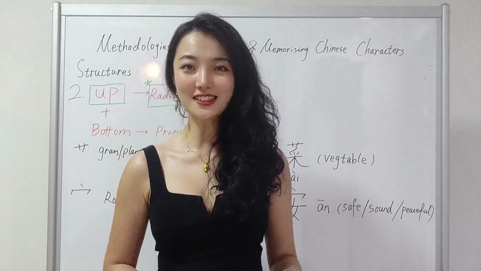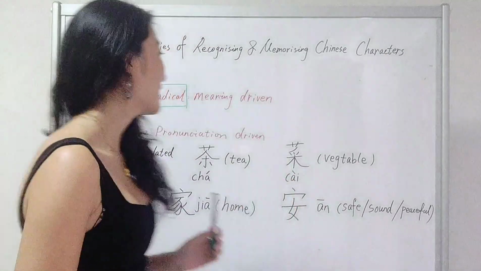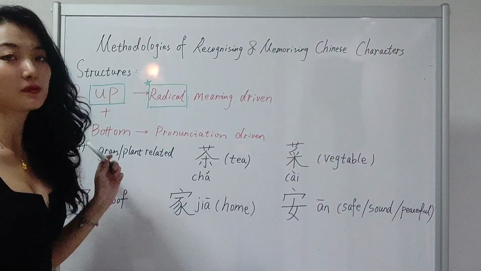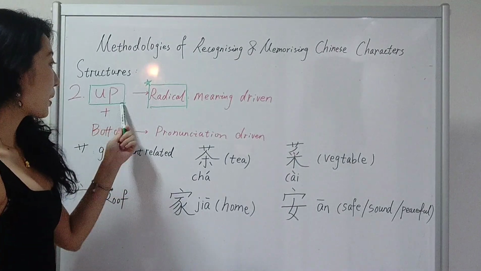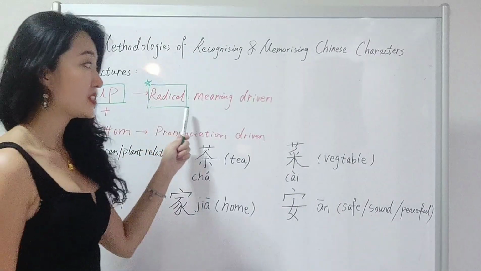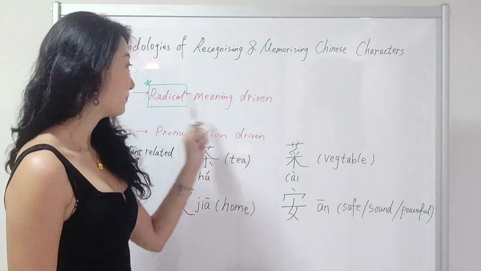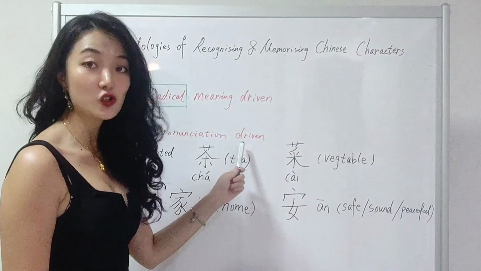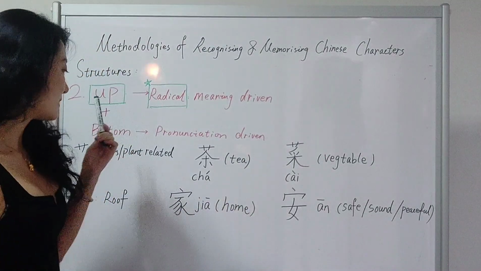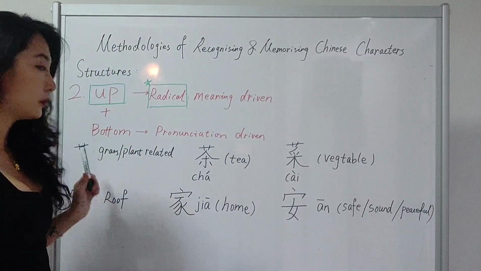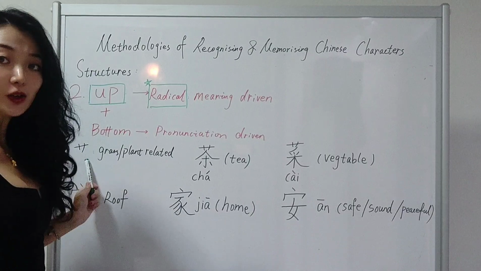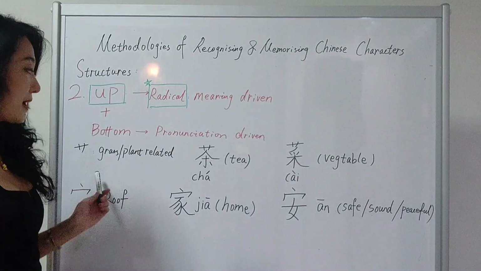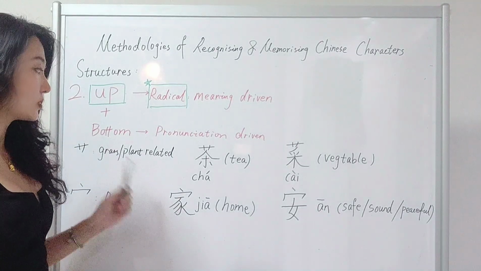Let's move on to the second type of structure, which is up and bottom structure. The upper part is the radical, which is meaning driven, right? The bottom part is usually pronunciation driven. So let's take the first one for example. This radical means grass or plant related.